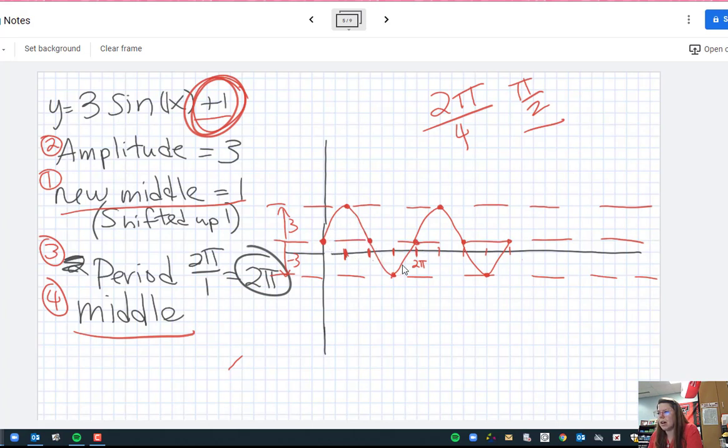And so that spaces out my graph really nicely so that I end in the same place that I did at 0, so at 2 pi. So 0 and 2 pi should be at the same place in the same orientation that I was before. And so now I'm going to go back top, middle, bottom, middle. Top, middle, bottom, middle, if I wanted to keep going.